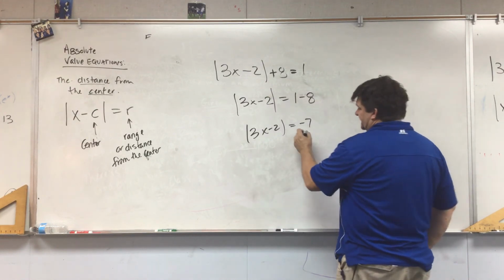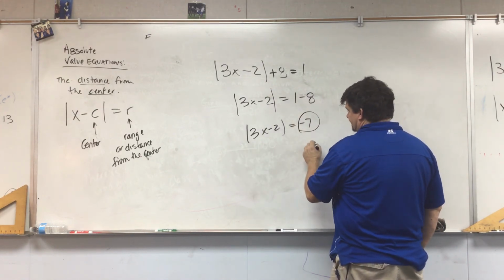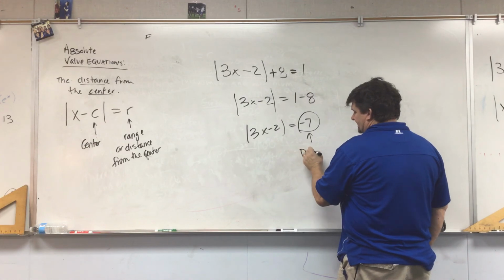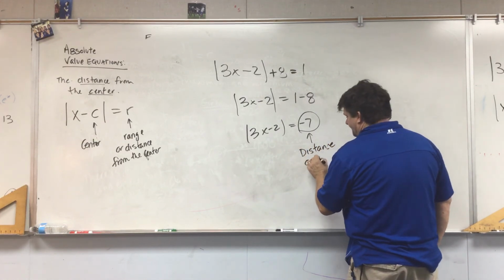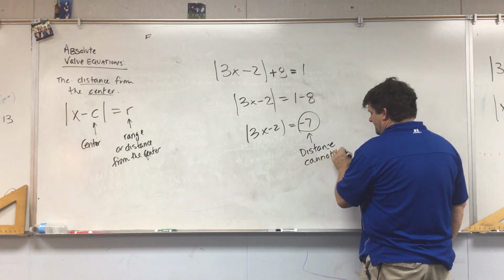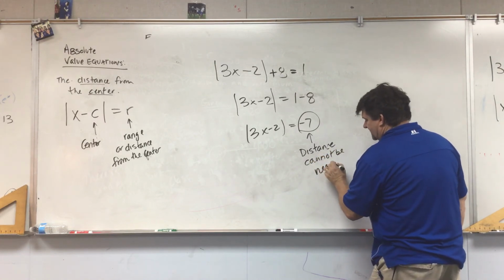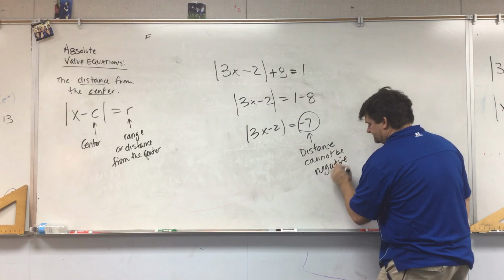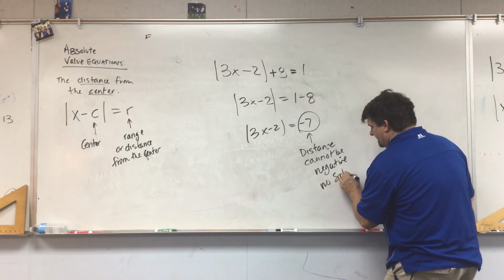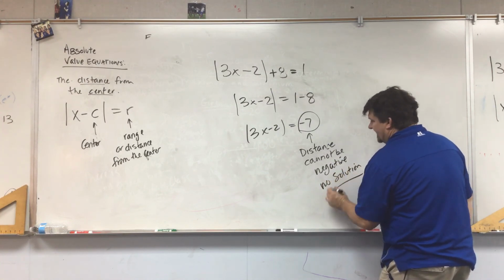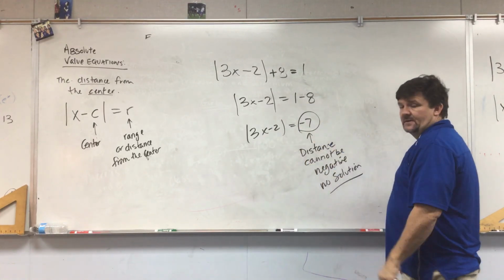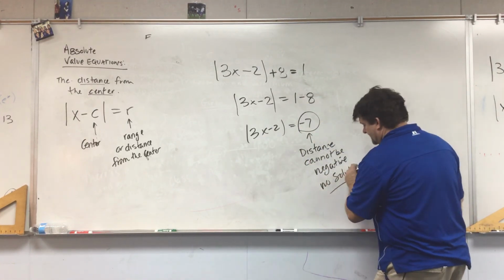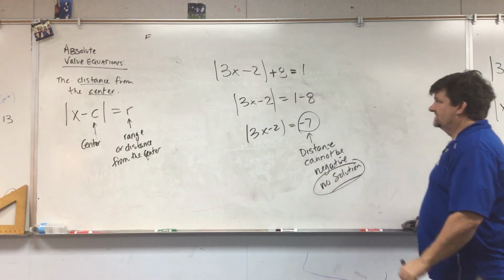No. Since a distance cannot be negative, this is no solution. So when it's in this form, this side can't be negative. So this is no solution. All right? This is no solution.